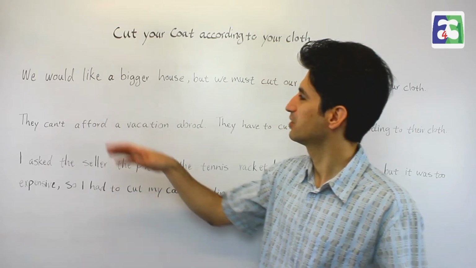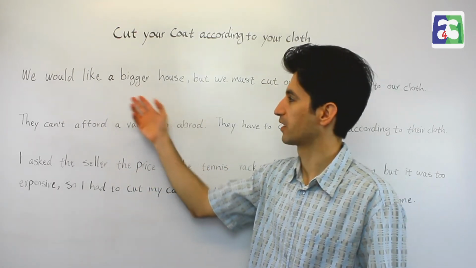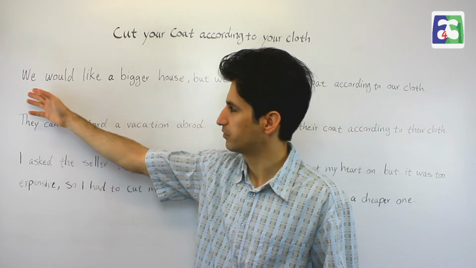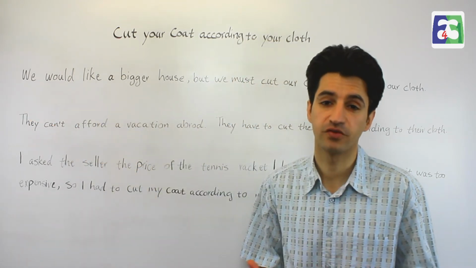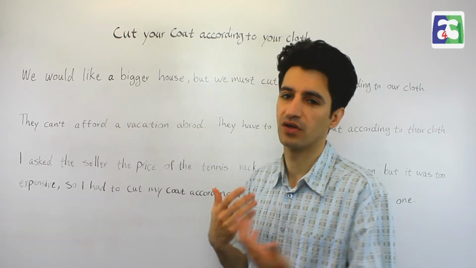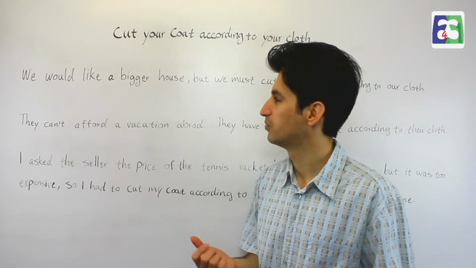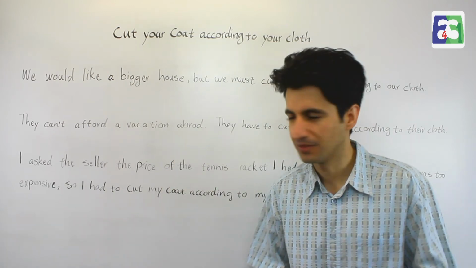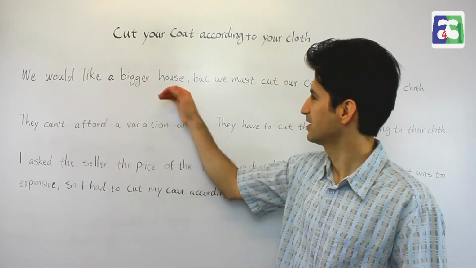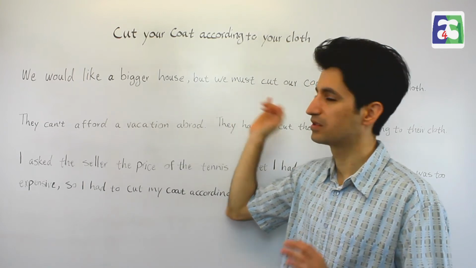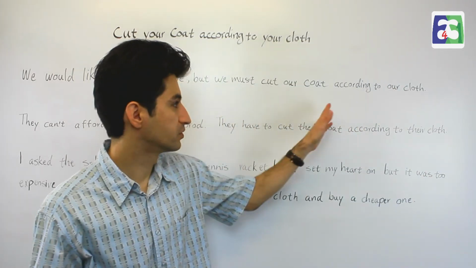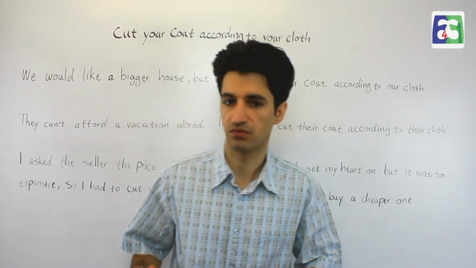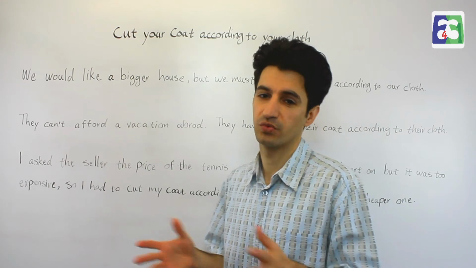So the person is thinking of a bigger house and likes this idea, but the person or these people know that they can't afford it, they do not have enough money, or they do not have the opportunity at the moment, they can't leave this, let's say village maybe, for any reason. Then they say, okay, we must cut our coat according to our cloth, according to the situation that we've got. This is what we can do, what we can have.